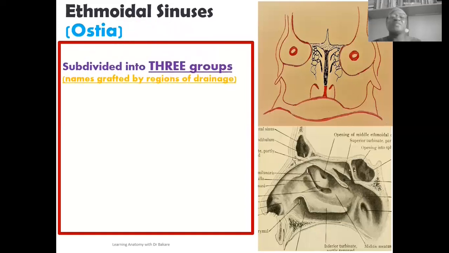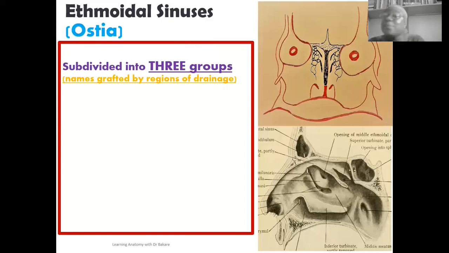Because we have three subgroups, as we've highlighted in our previous slide, these names are given based on the regions of the nasal cavity that they are drained into. So the names of the different subdivisions of the ethmoidal sinuses are given based on the region of the lateral wall of the nasal cavity that they are drained into.